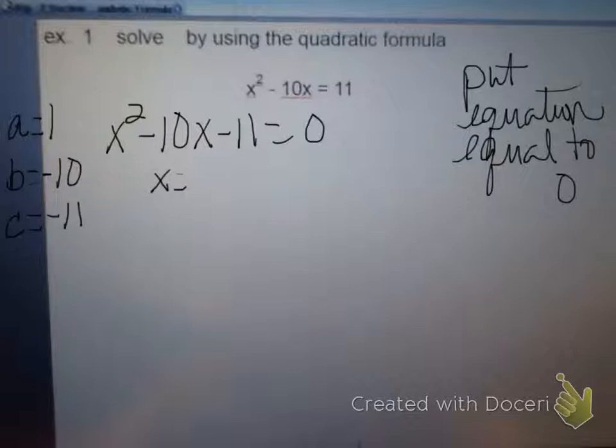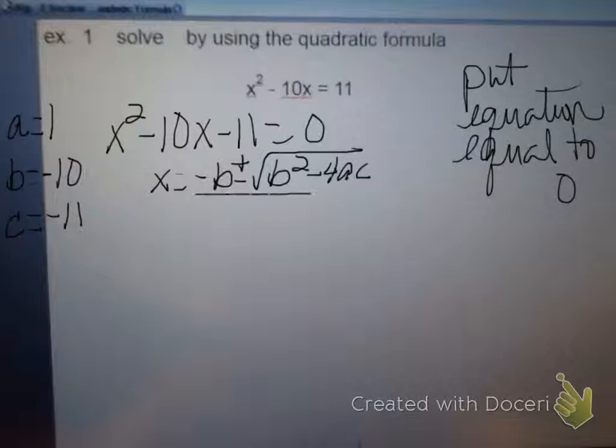Write the formula. x equals negative b plus or minus the square root of b squared minus 4ac all over 2a. Always write the formula down first and then plug it into the formula. Negative b, that's a negative 10, which is positive 10, plus or minus b squared, that's negative 10 squared.